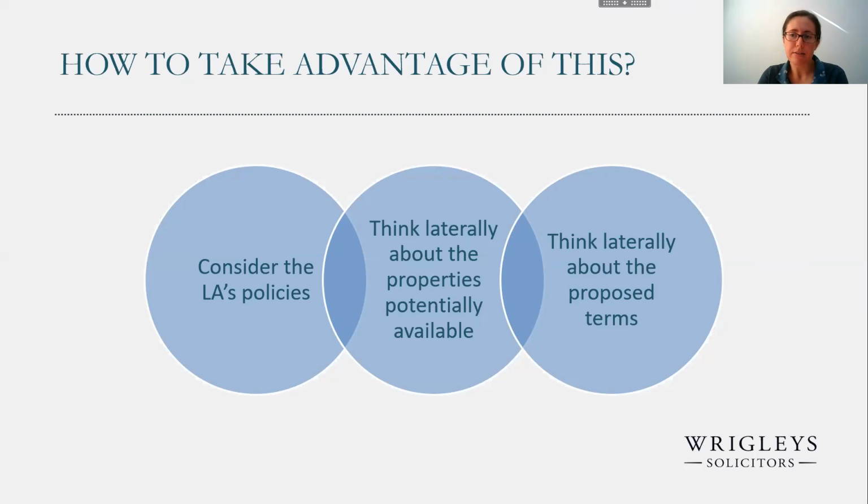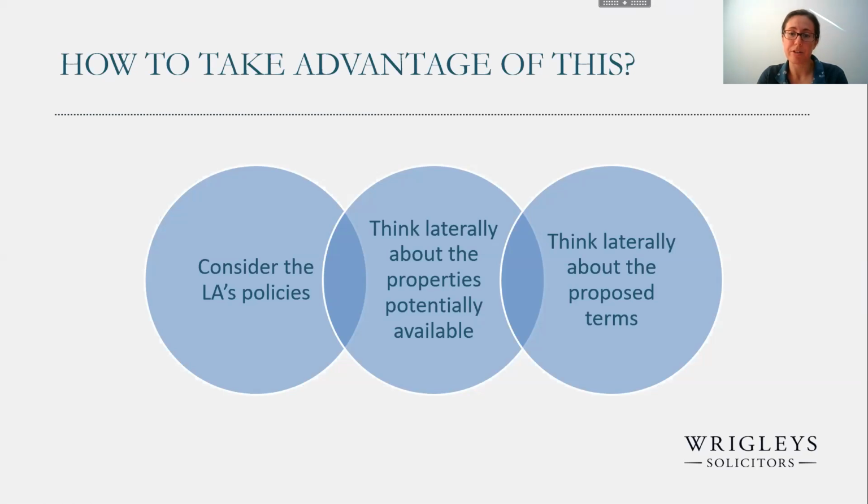It needn't necessarily be bare land to be built on, and particularly you might need to consider issues about public open space if it was bare land, but it needn't be something specifically set aside for housing. We have seen examples of, say, a former school site that could be transformed into a CLH project. So be willing to think a bit outside the box in terms of the properties available and what you might be proposing for a project.